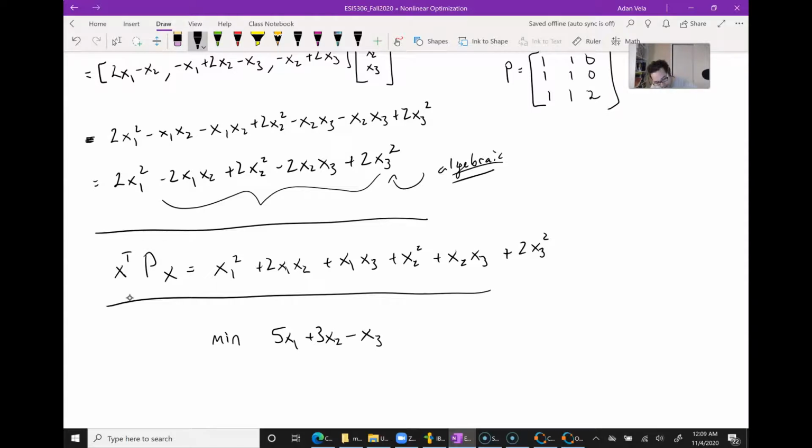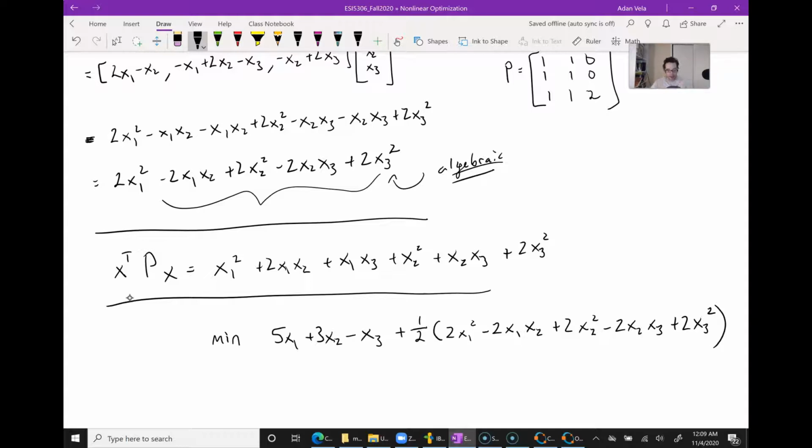At this point we have the quadratic part, so we're going to have plus 1/2 times 2x1 squared minus x1 x2 plus 2x2 squared minus 2x2 x3 plus 2x3 squared. Hopefully I wrote that in all correctly.